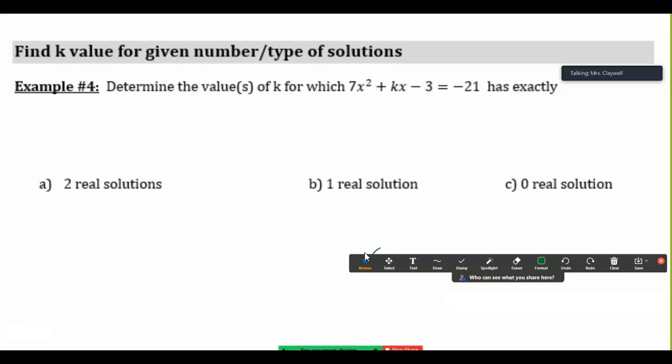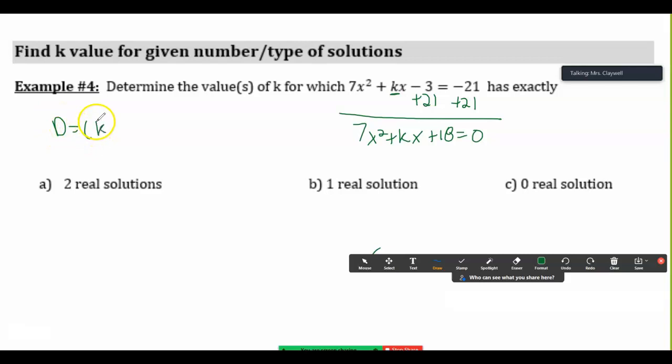The last problem wants us to figure out when we have 2, 1, or 0 real solutions. So first off, let's figure out the discriminant. So my discriminant equals k squared minus 4ac.